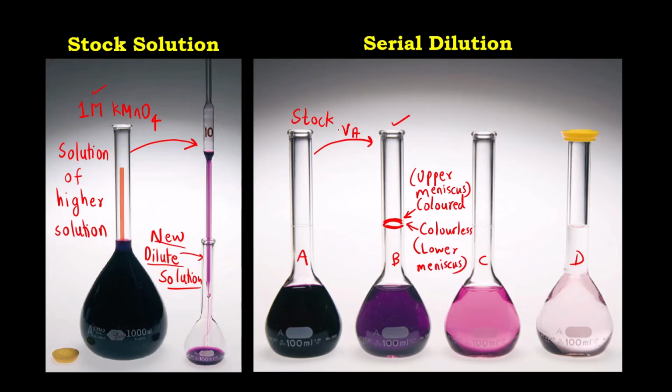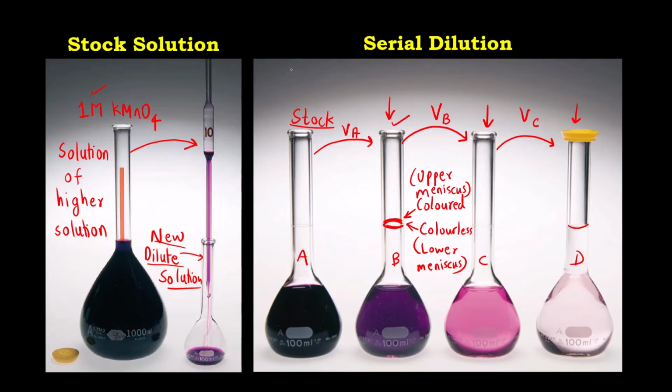So I took some amount of stock solution, that is VA, and added it to flask B, and then I added solvent up to the mark, up to the upper meniscus, because it is a colored solution. Then I take some amount from flask B, that is VB, and make the C solution. Similarly, from C solution I take some amount, let's say VC, and I make our solution D, which is the last one.